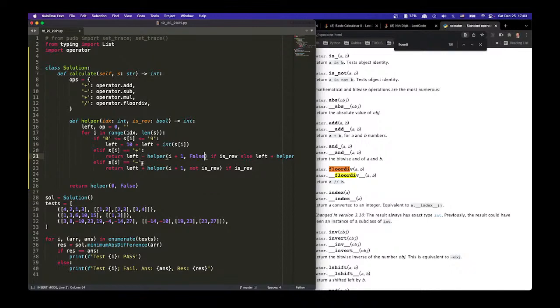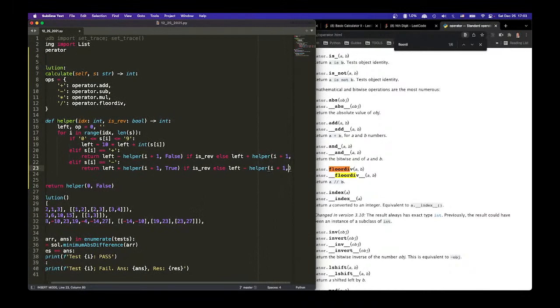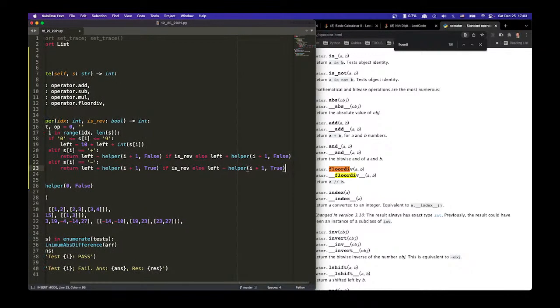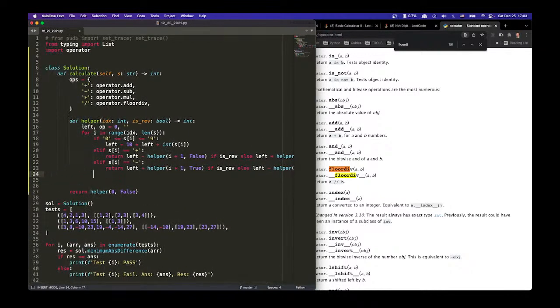It becomes a plus sign, which means inside no longer reverse again, but because on the outside we have reverse, so this has to be reversed as well. Else, which means there's no reverse, then left minus helper, I plus 1, and true. There's no reverse on the outside, but I'm a negative sign, so I have to reverse again. Okay, so that's that.